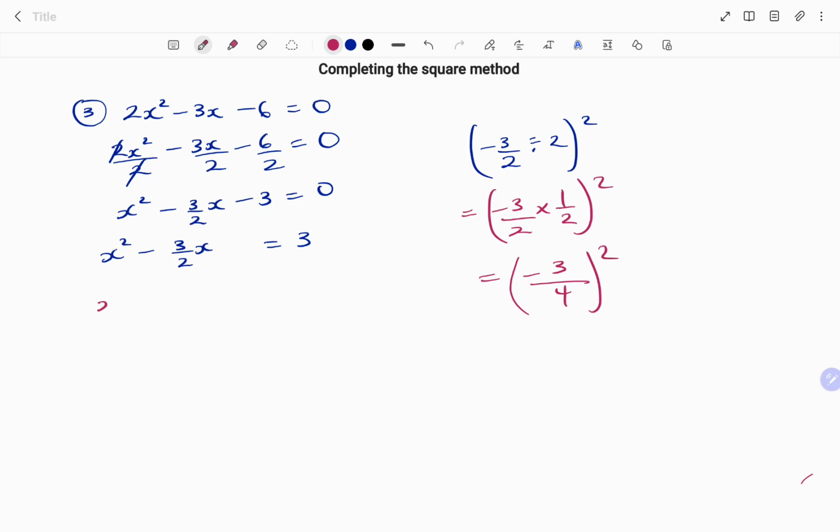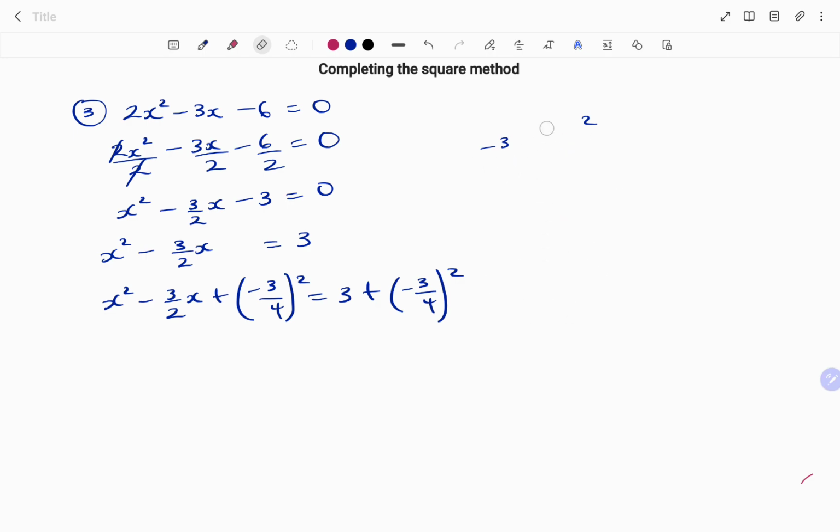So I have x squared minus 3 over 2 x plus, in bracket, because it's a negative coefficient, minus 3 over 4 all squared, equals 3 plus, in bracket, minus 3 over 4 all squared.